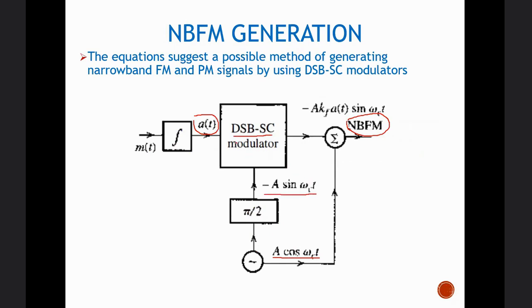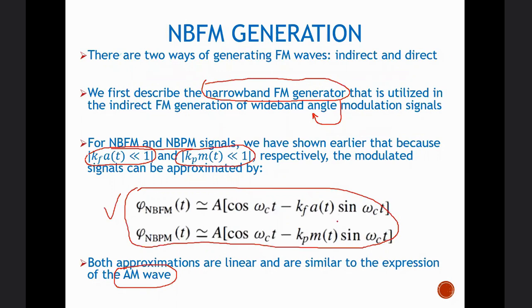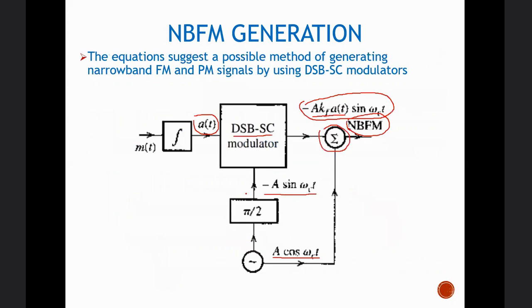When we pass these two inputs to the DSB-SC, what we get at the output is an AM signal where the amplitude is now this, and we have sin(ωct). Now we have to add the carrier as well, because it looks like a full AM signal. So we have a summation, after which we get the desired narrowband FM signal.